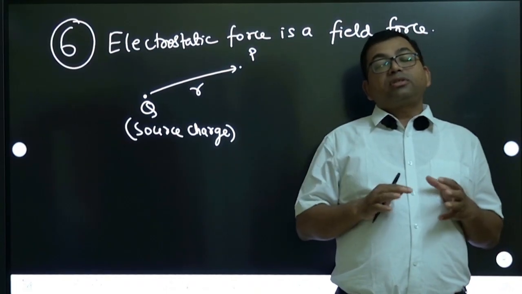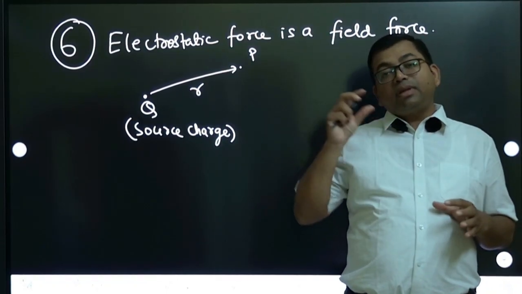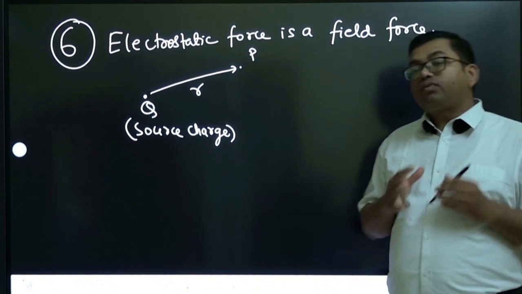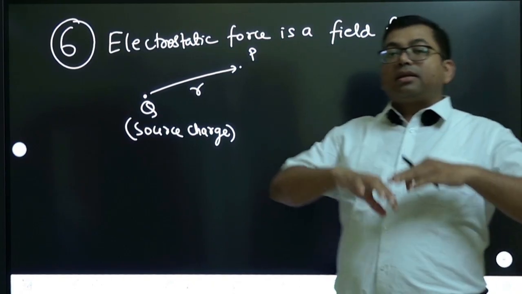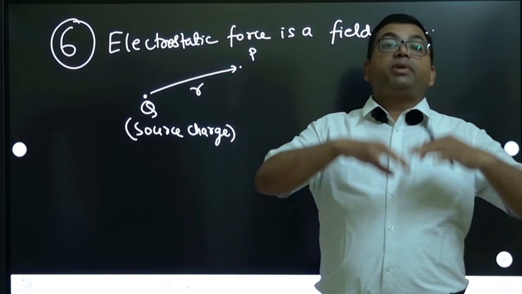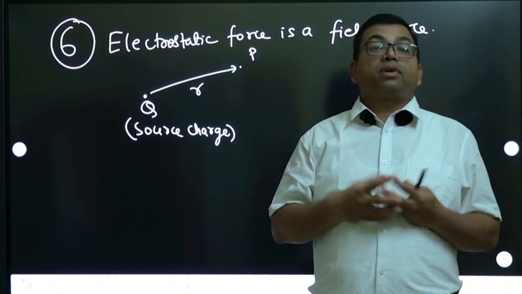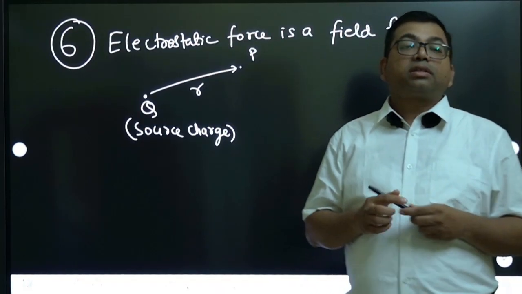Already in gravitation you have got the idea of a gravitational field, so a similar concept is there. So what is an electric field? Suppose there is a charge, and the space around that charge where it can show electric behavior or electric effect, that entire space is called the electric field.